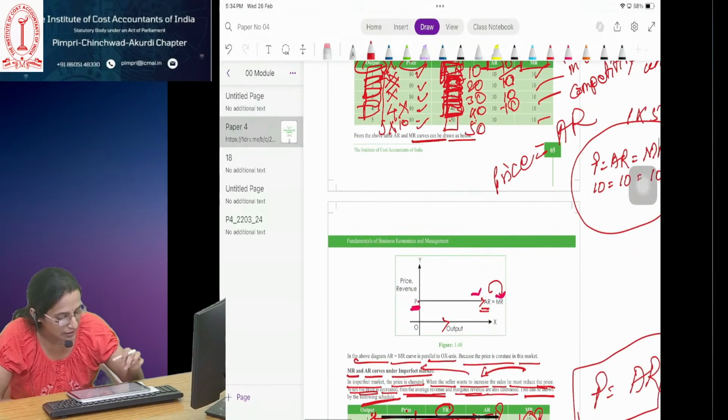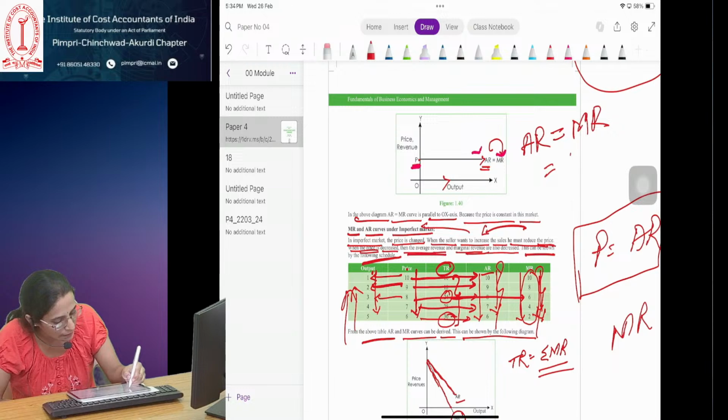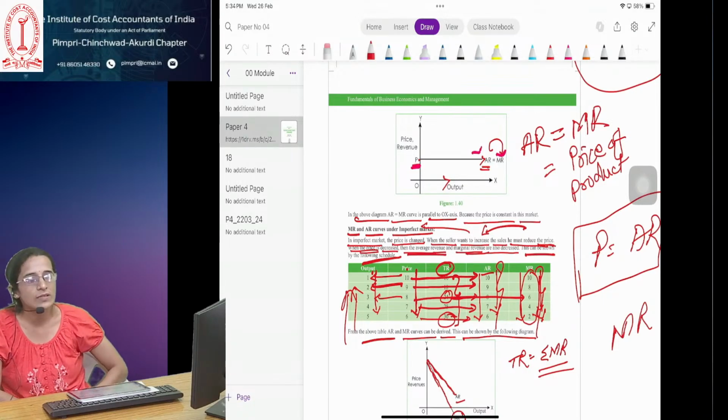So in a perfectly competitive market, average revenue is equal to the marginal revenue, which is also equal to the price of the product. Mostly in a perfectly competitive market, average revenue and marginal revenue are equal.